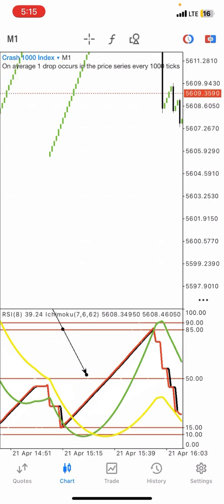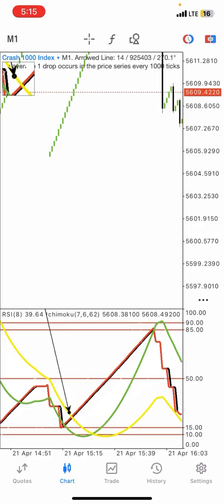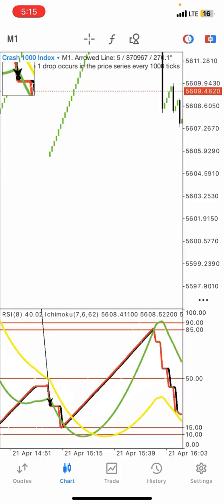Then what you need to do when the market is going down for crash and you want to scalp crash is you wait for crash to get down to this point. Wait for the indicator, this green, the yellow, the green indicator, to drop down to this level here.